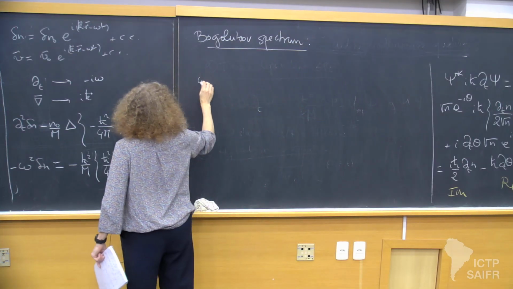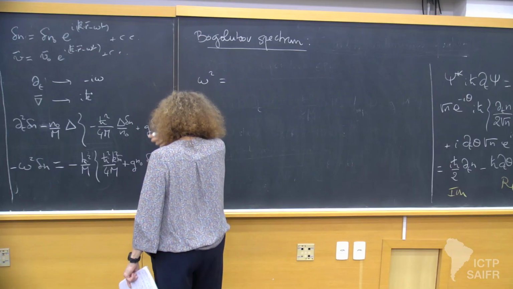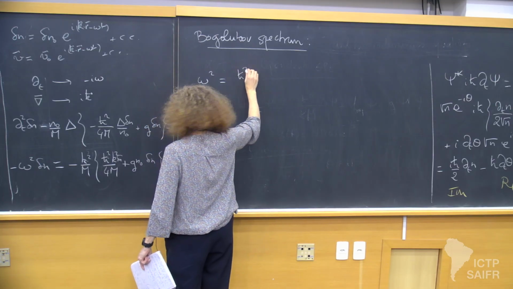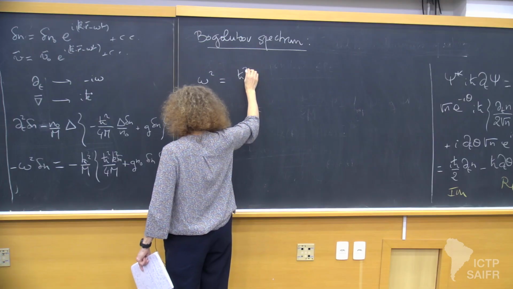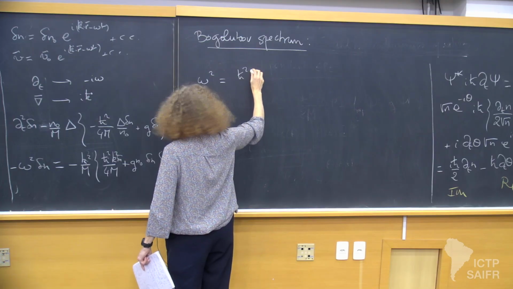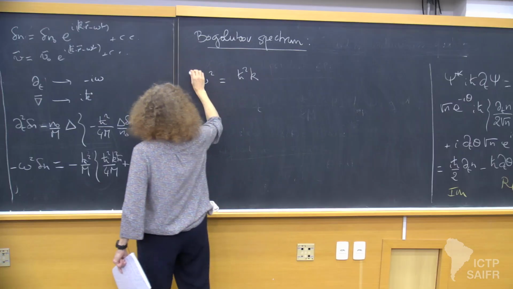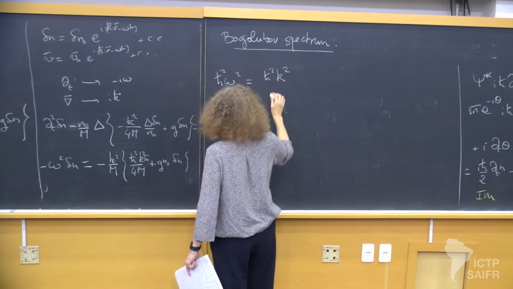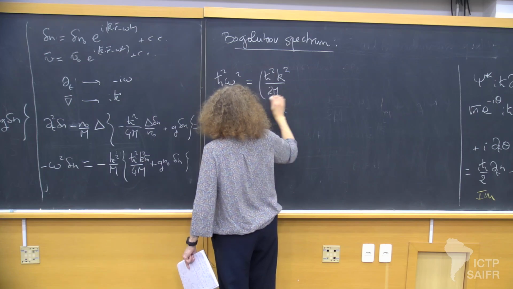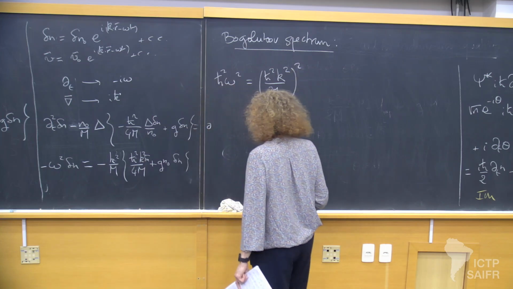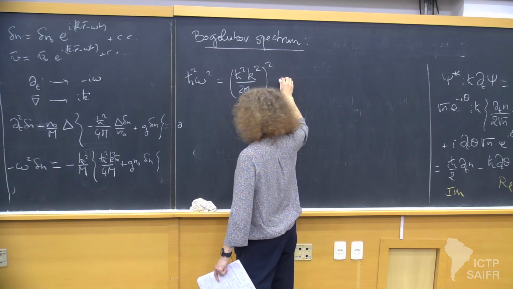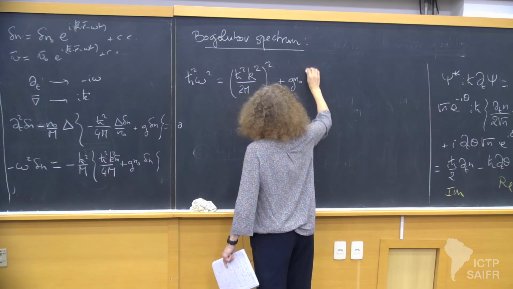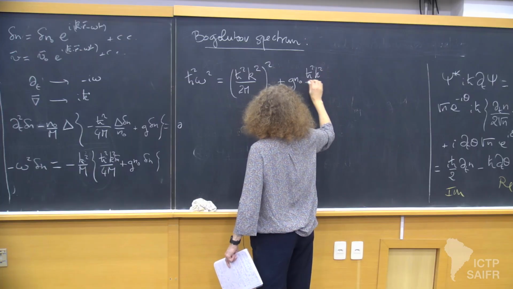And which is omega squared is h bar squared k squared. Okay, let me write h bar squared omega squared, okay? h bar squared k squared over 2m, squared, plus g n0 h bar squared k squared over m.